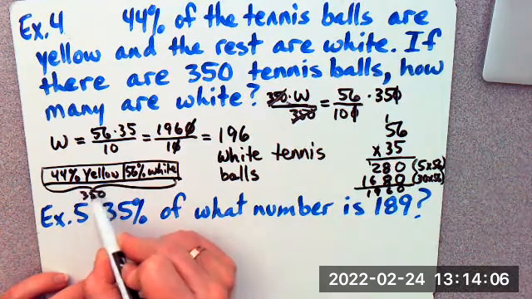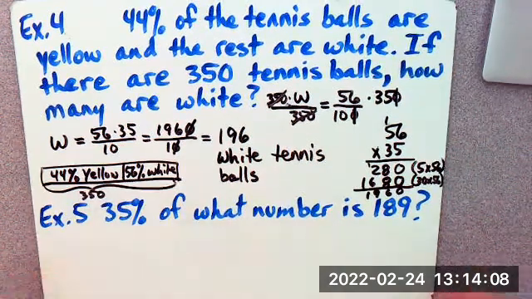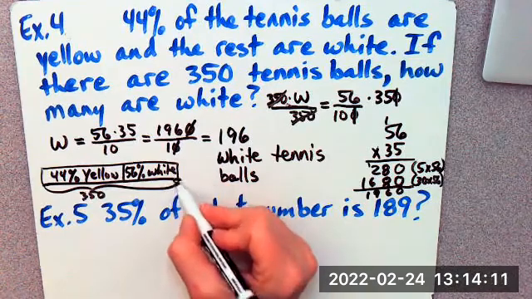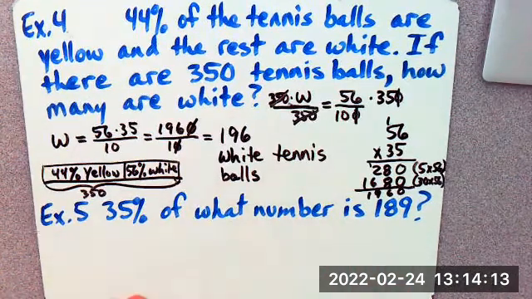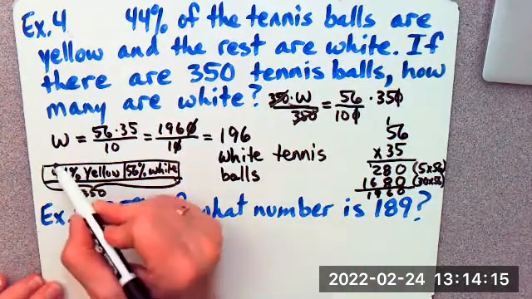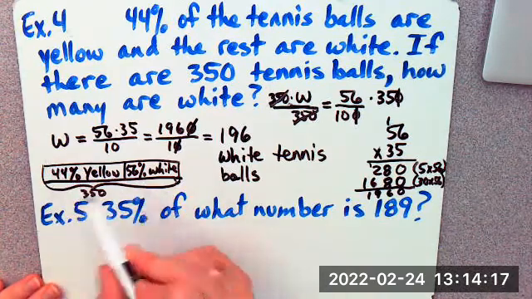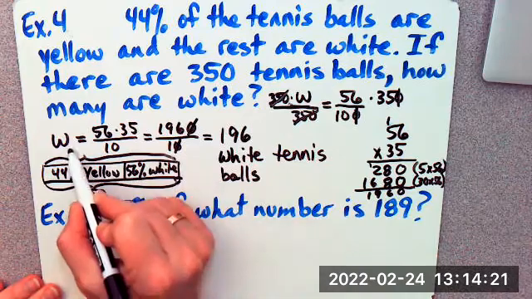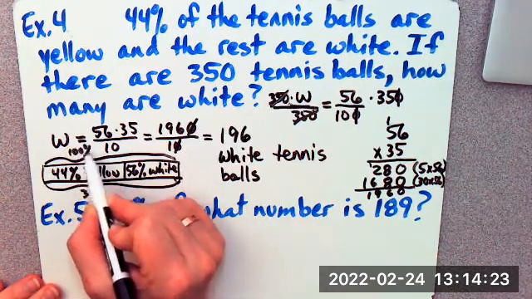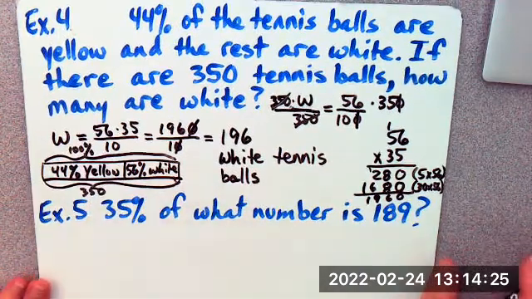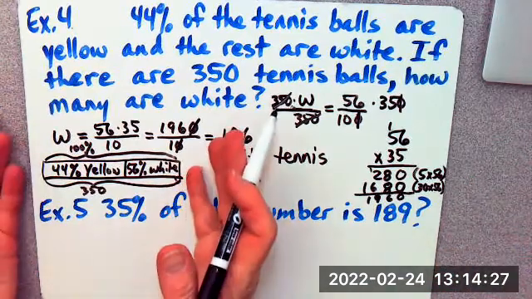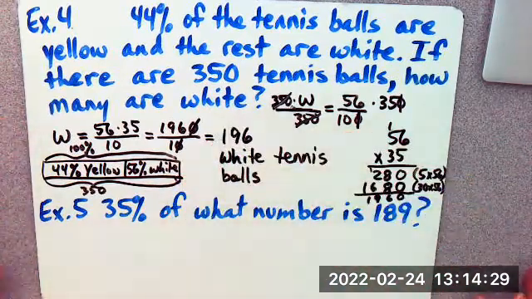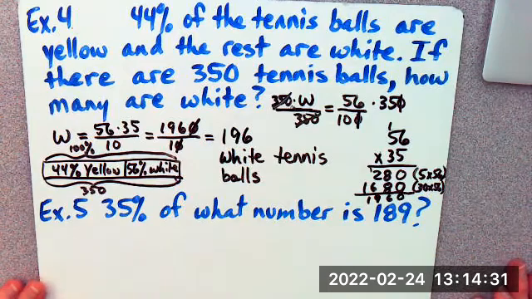So that's how you would set that up as a visual of what we're actually doing, because altogether 44 plus 56 is equal to 100%. All right, so once you set it up like this and you use the equation, that works for all percentage equations.